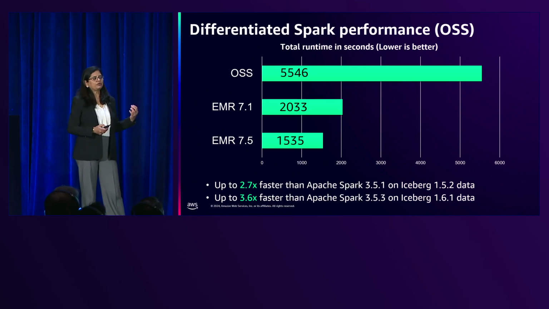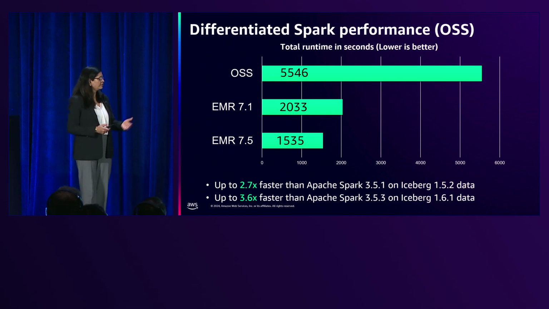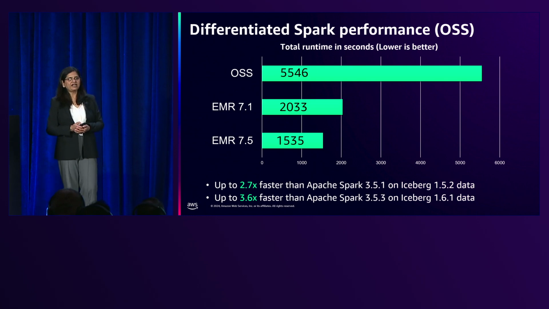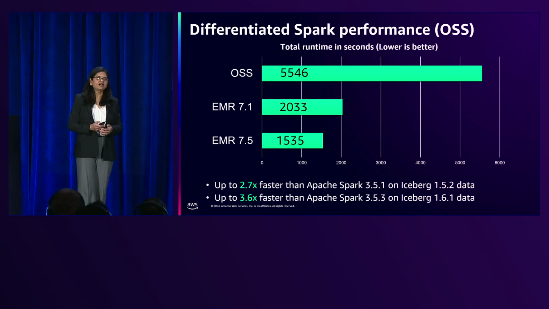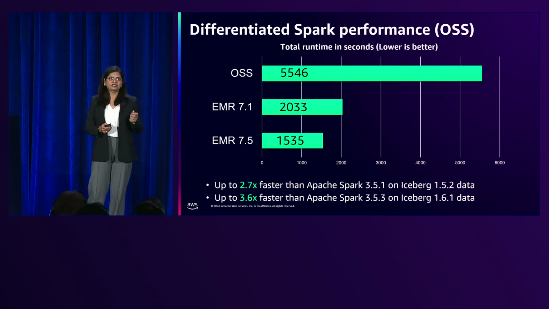Now, when we compare that with the latest release on EMR, which is 7.5, we have increased our performance up to 3.6 times than the latest Apache Spark version, which is 3.5.3, working on Iceberg 1.6 data sets. So this is an ongoing improvement that we will have from a product side to make sure that the Spark applications with your open table formats are performant and give you that edge in terms of running your applications faster, thus enabling you with cost optimizations as well.